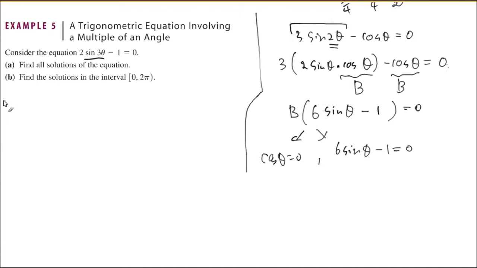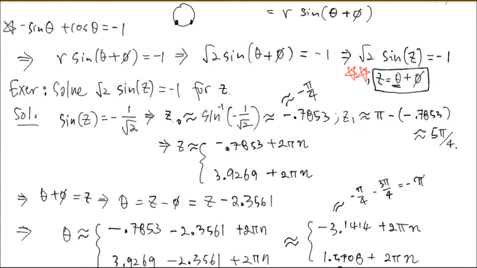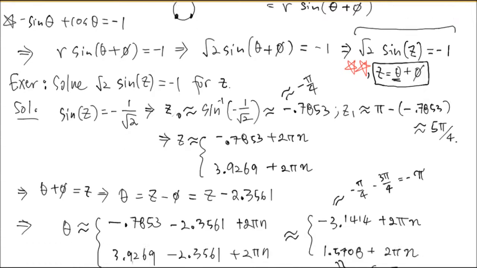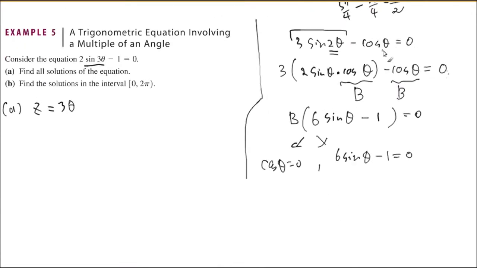Let's do that in part A. Z is going to be 3 theta. That 3 theta inside turned to z, and it becomes 2 times sine z minus 1. That's an equation just like we handle here. Simple, basic. We didn't do it there because there was additional trigonometry outside. Does it make the distinction?